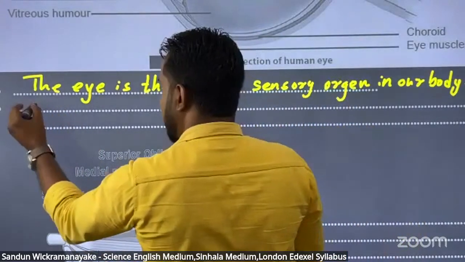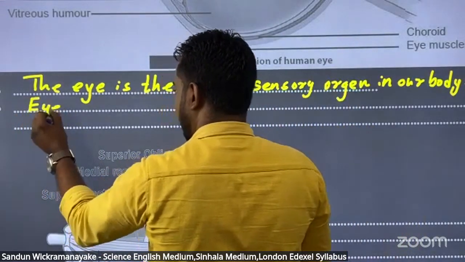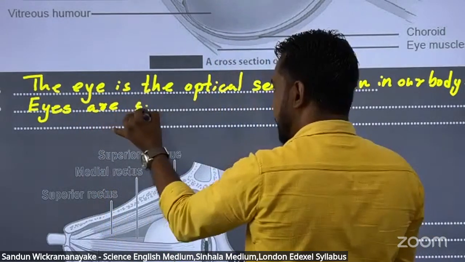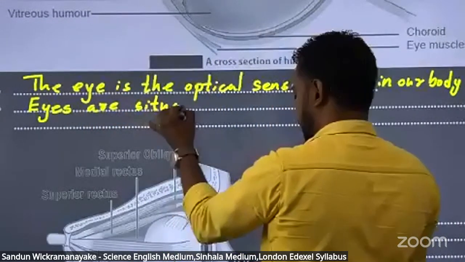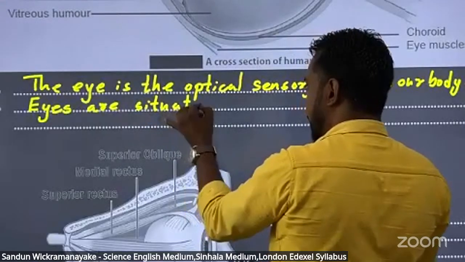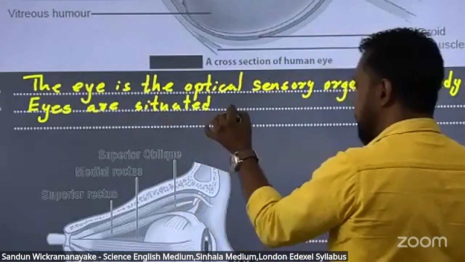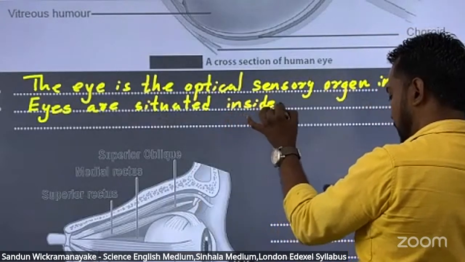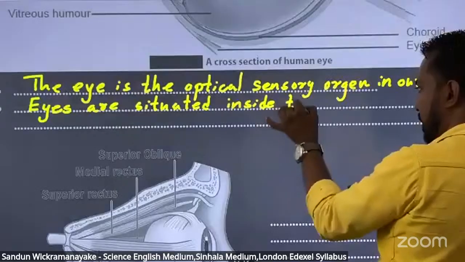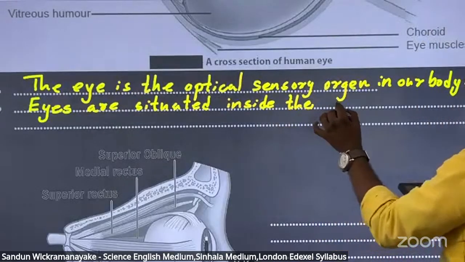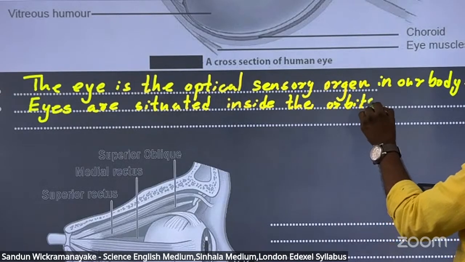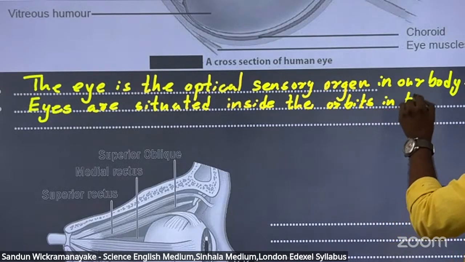Eyes are situated inside the orbits in the skull.